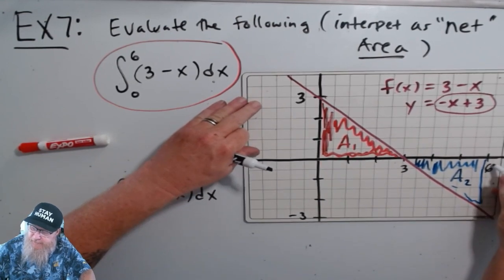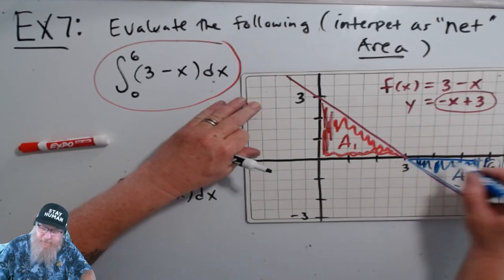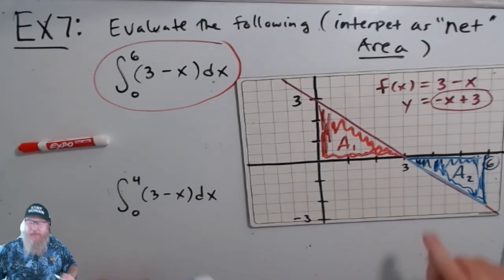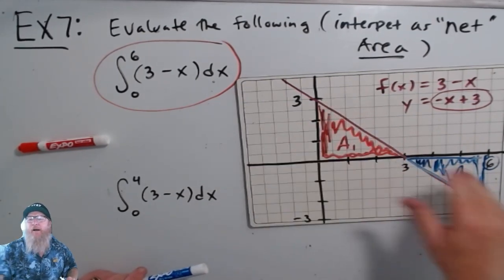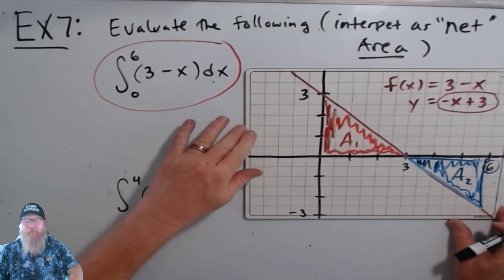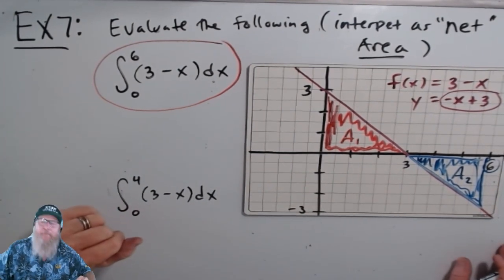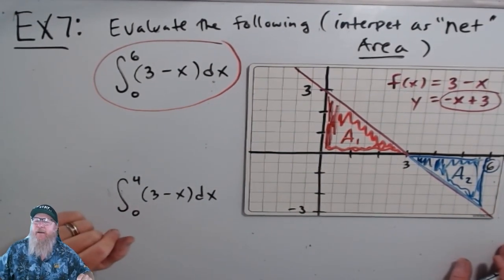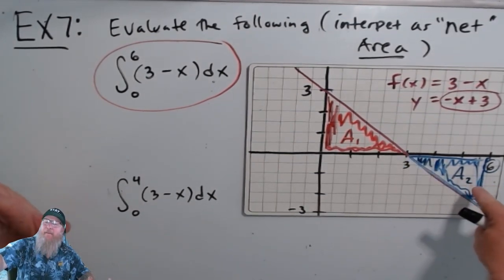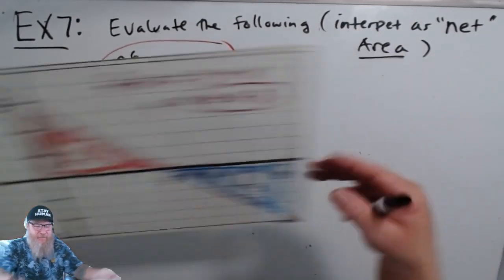Oh, and I'm supposed to stop at 6, so the area here, A2. I regret my choice of color because I put the red as being above and the blue as being below. Traditionally you think of red as being negative and blue as being positive, but whatever, it doesn't matter. All right, so think of this in terms of area. And you might notice that these areas are the same. In fact, you could easily calculate them.